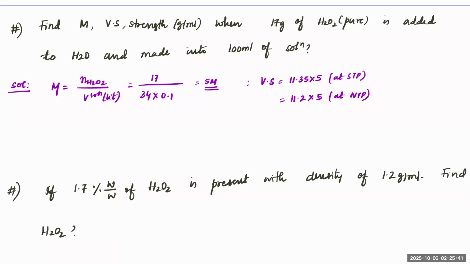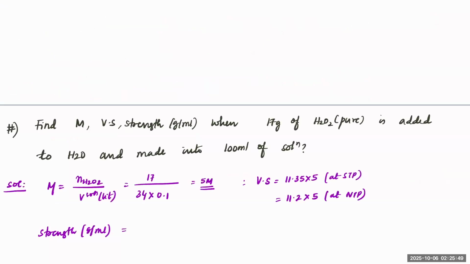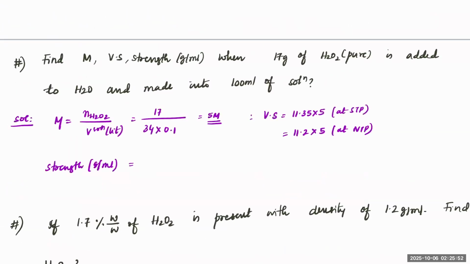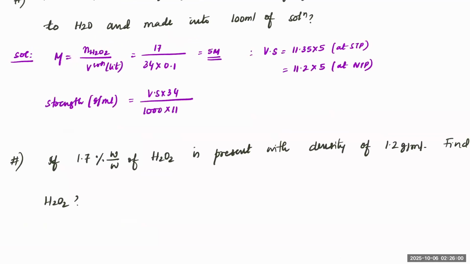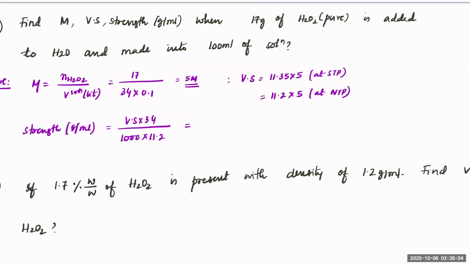See, in this question, it is clearly mentioned: strength is asked in gram per ml. So if it is gram per ml, this is the formula which we derived. Volume strength into 34 divided by 1000 times 11.2 or 11.35, depending upon what is the standard that is given.